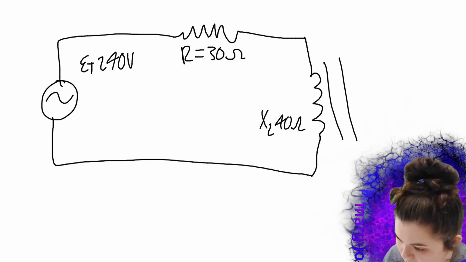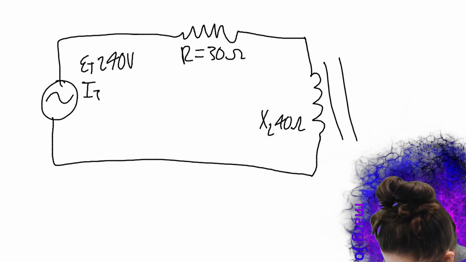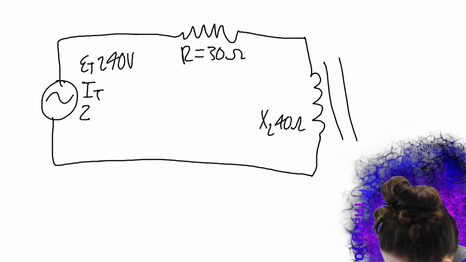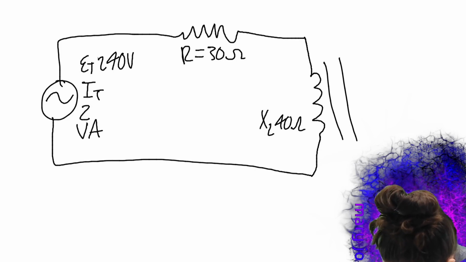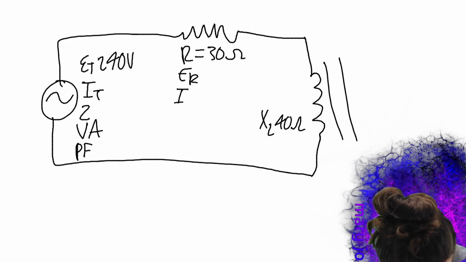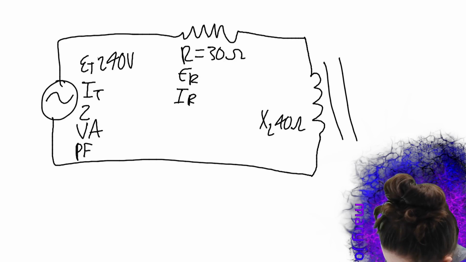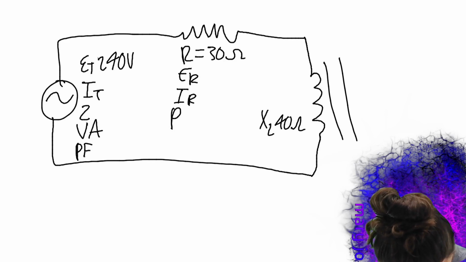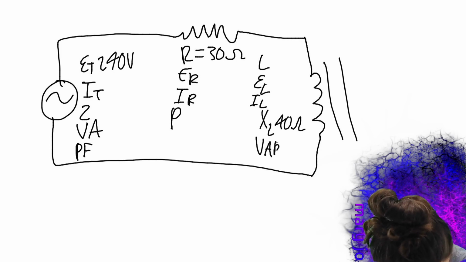And these are going to be asking you to find a lot, like current total, impedance, VA, power factor, E sub R, I sub R, which is just volts of that resistor and current of that resistor, and then watts, inductance, voltage of that inductor, current of that inductor, and VARs of that inductor.